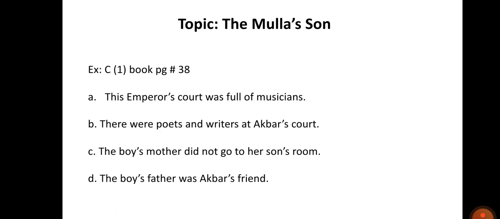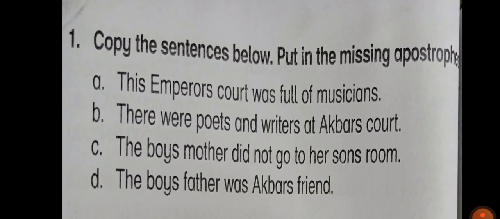Now let's have a look at another sentence. There were poets and writers at Akbar's court. Again, here Akbar's court is telling us the belongingness of the court to Akbar, or the relationship of the court with Akbar. So we are talking about the court that is of Akbar.